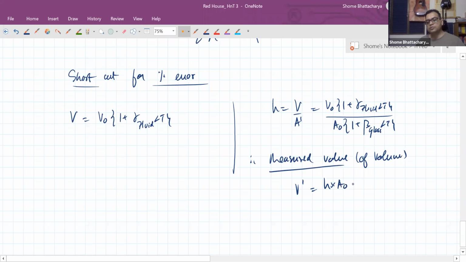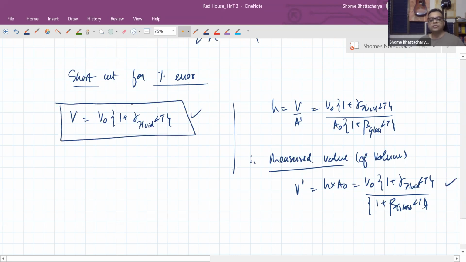So that would have become V naught 1 plus gamma of fluid into delta T upon 1 plus beta of glass into delta T. So you can see the difference between these two is coming because of the extra term in the denominator.